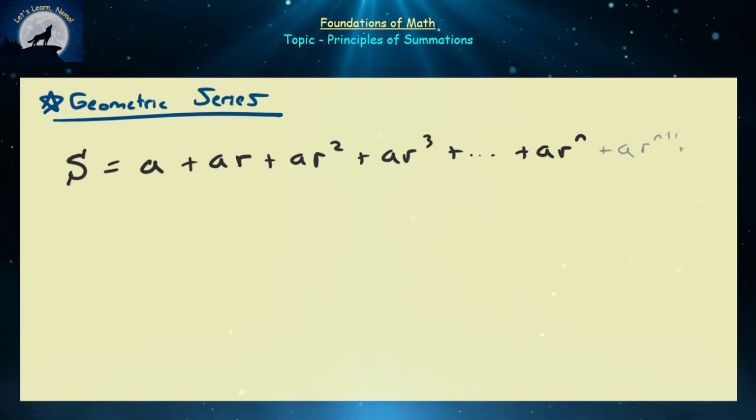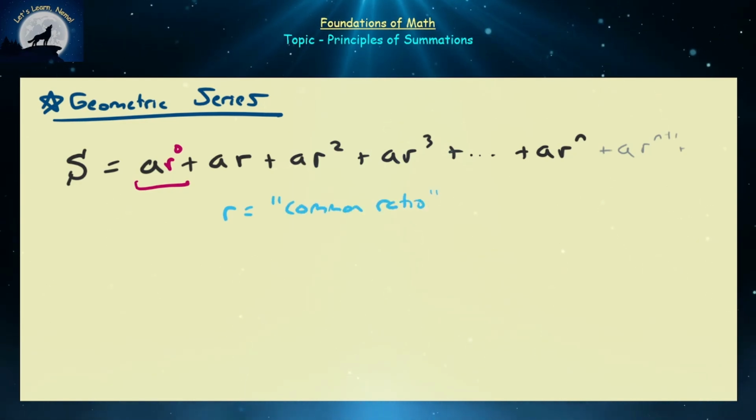Please note that there is a 1 in front of this a, and you can technically write that as r to the power of 0, as long as r is not equal to 0, which some people will say is equal to 1, but technically not really, then this expression still will hold. And again, this r is referred to as the common ratio.